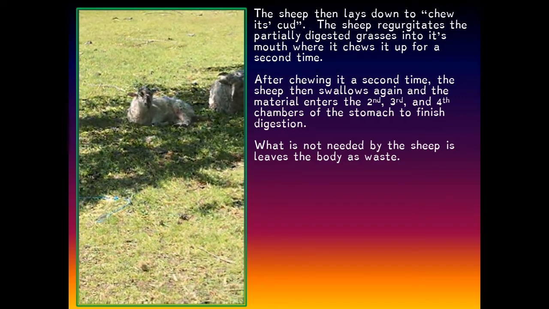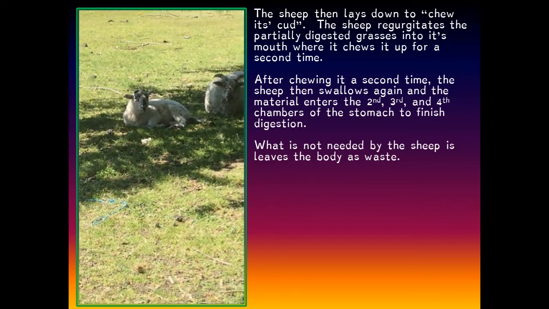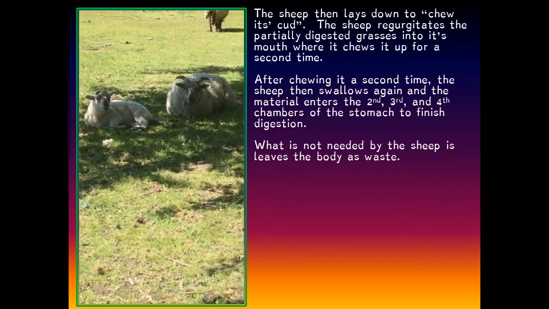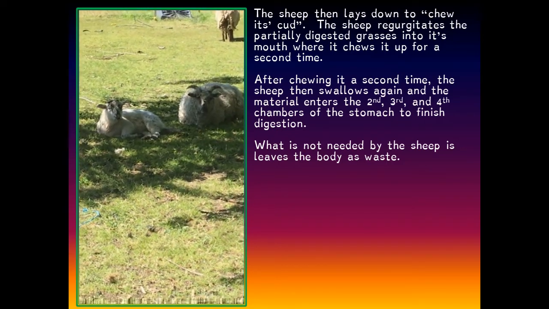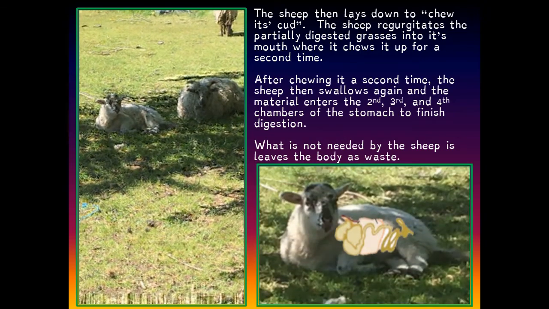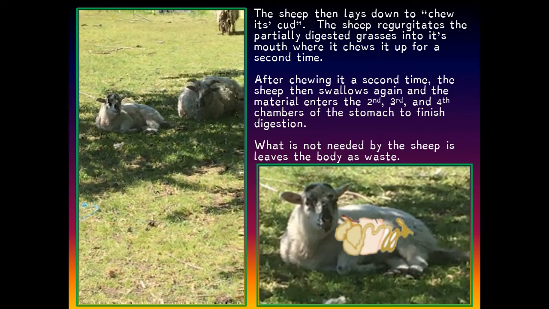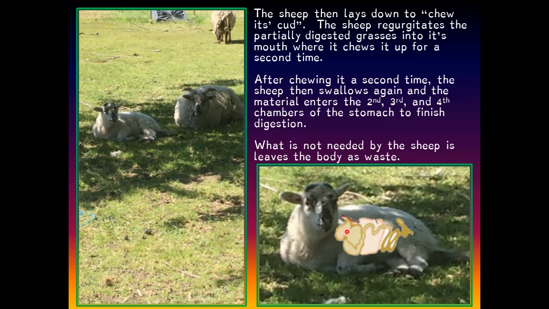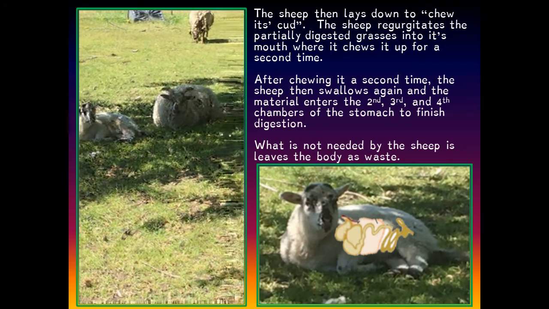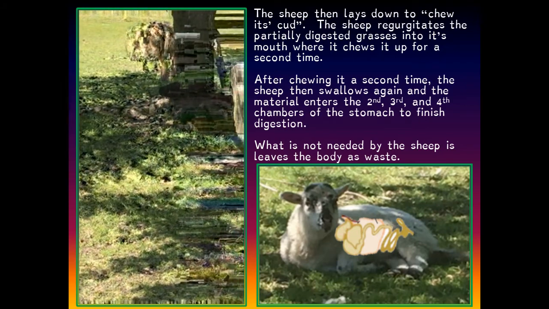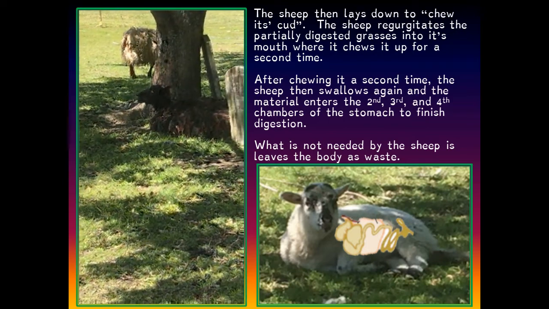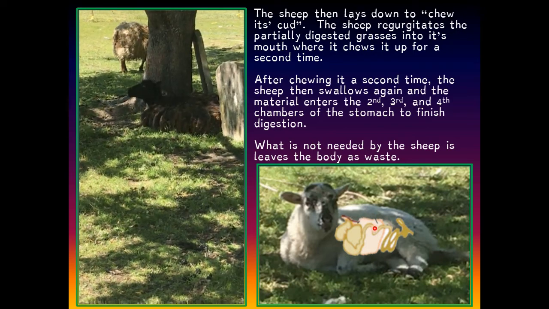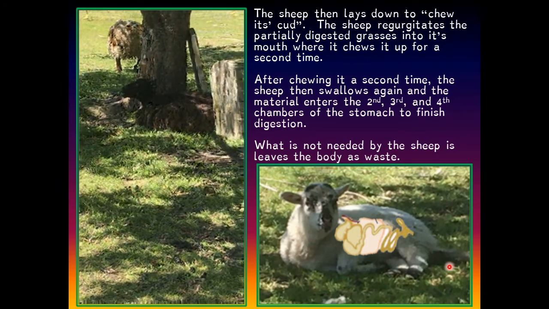And she'll lay there and chew on it for a few minutes, and then after chewing it thoroughly a second time, she'll then swallow the material again, where it will enter the second, and then third, and then fourth chambers of the stomach to finish up digestion. What is not needed by the sheep is then going to leave the body as waste material.